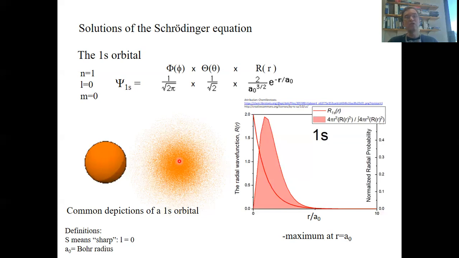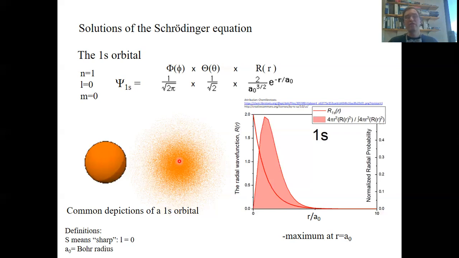Okay, so all these points in space now lie on the surface of a sphere that has that particular radius. And of course, the surface of the sphere increases with the radius. So the greater the radius, the more points in space you need to consider.